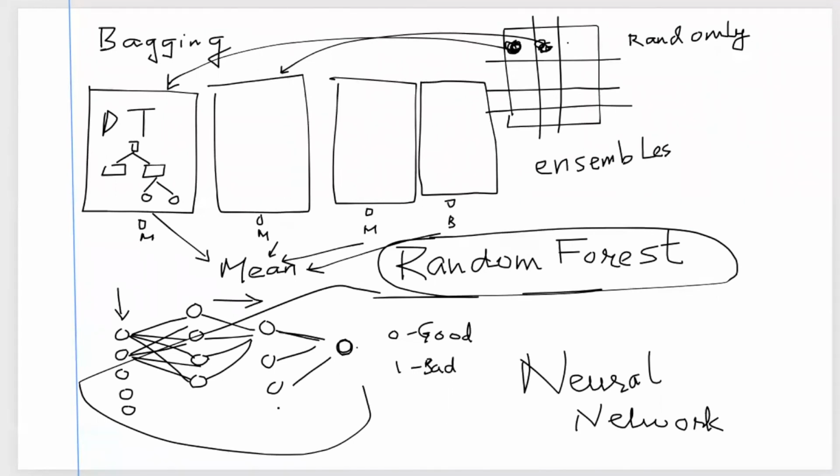After it has made the decision, it will go backwards around the neural network, and check with the input whether the decision it made was correct or not. If the decision was correct, it will keep its decision. If the decision was not correct, then it will again traverse in the forward direction and try to make a decision whether it's a good file or a bad file. You got me? So this is known as backward propagation.